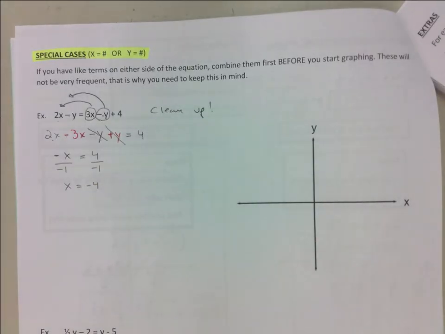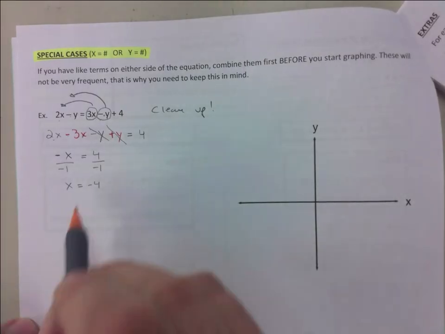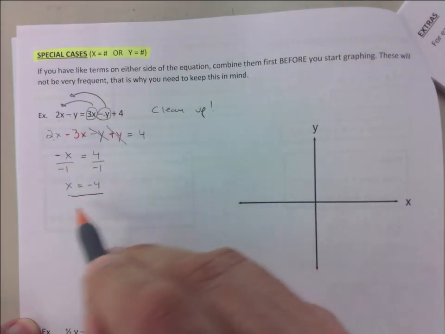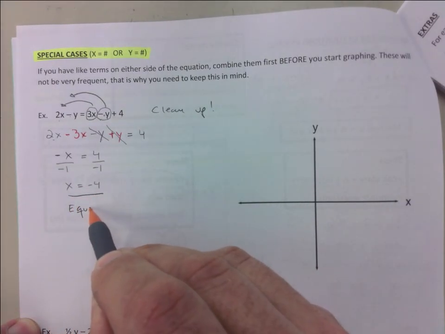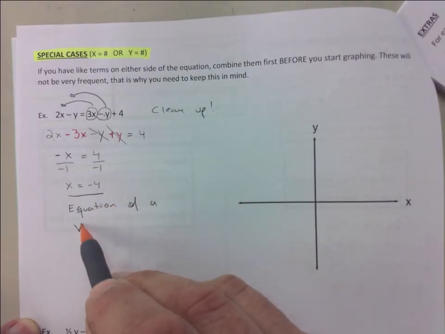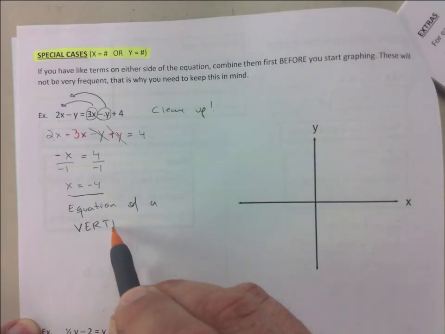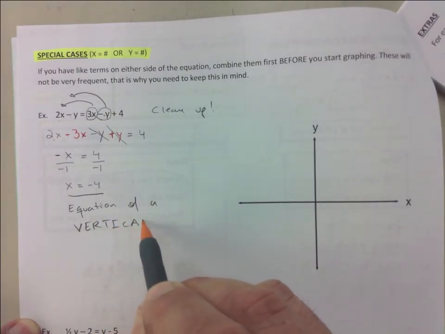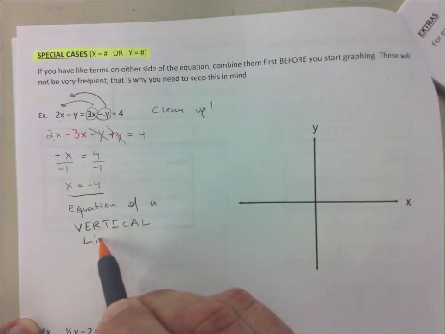Guys, this is not just an intercept. You didn't just find an intercept. This is the equation of the line. Okay? Equation of a vertical line.